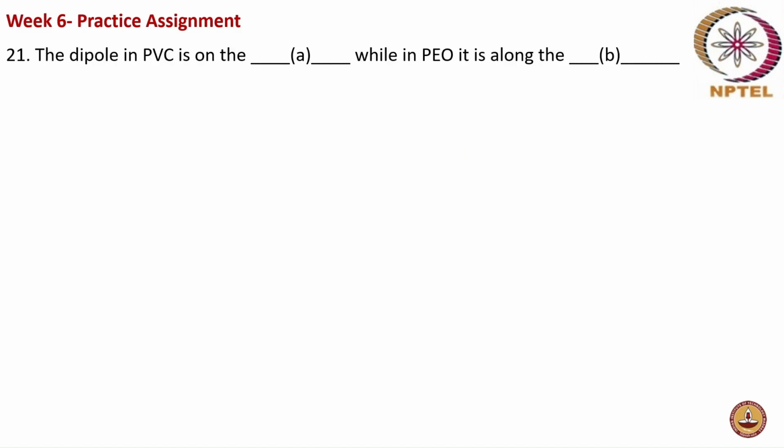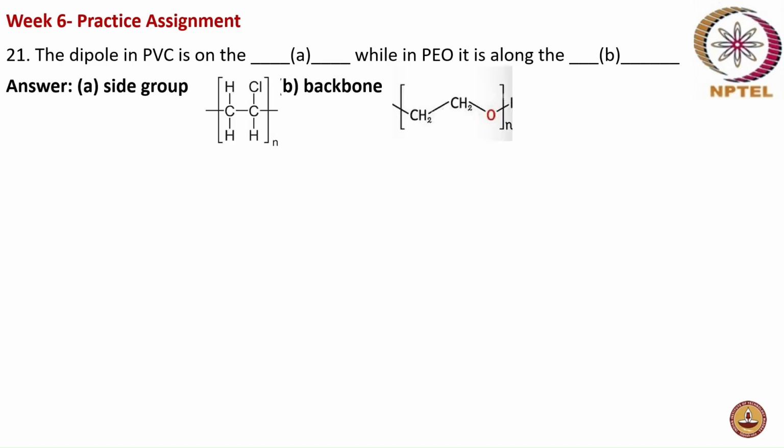Next. Dipole in PVC is on the dash, while in PEO, it is along the dash. In polyvinyl chloride, where is the dipole? And in polyethylene oxide, where is the dipole? In PVC, it is on the side chain, CCl.